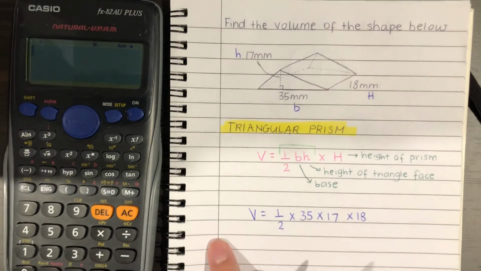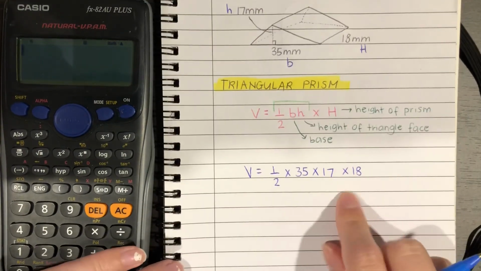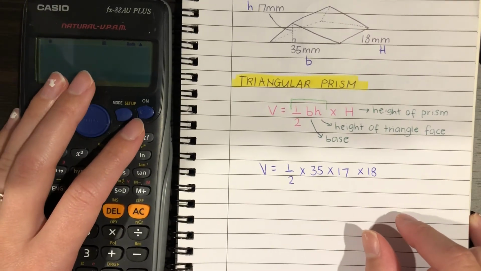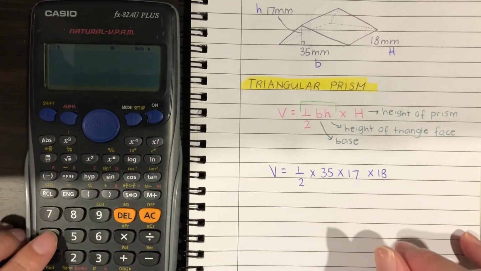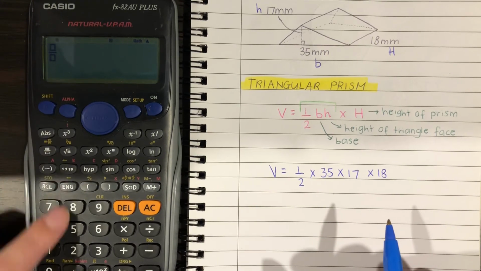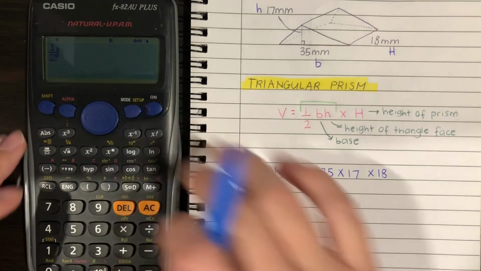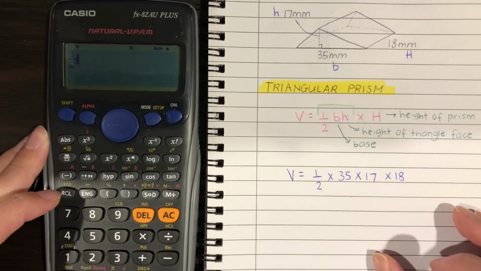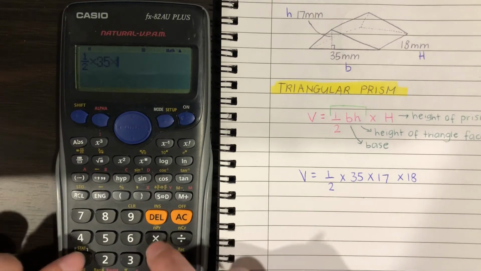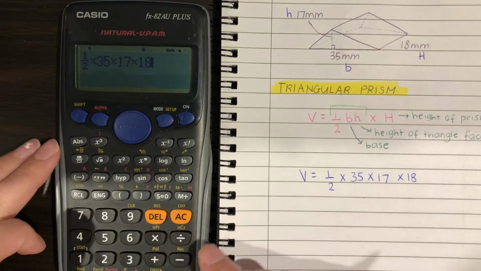Okay, you can actually put this all in your calculator as one. You don't need to do this part separate to that because we're multiplying the whole way through. So half, you do the fraction button, and you obviously do 1/2 because we've got half. And then you do times 35 times 17 times 18.